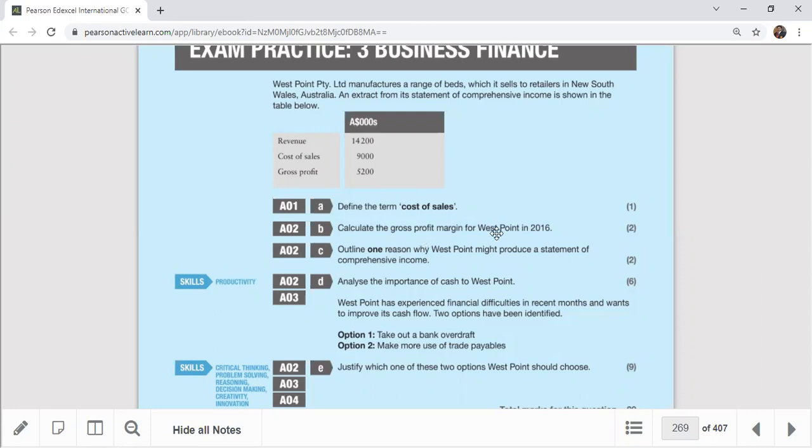Gross profit margin for the West Point. The gross profit margin equals gross profit over revenue into 100. In this case, gross profit is 5,200 divided by 14,200 and multiplied by 100. The answer comes to 36.6197, like that.